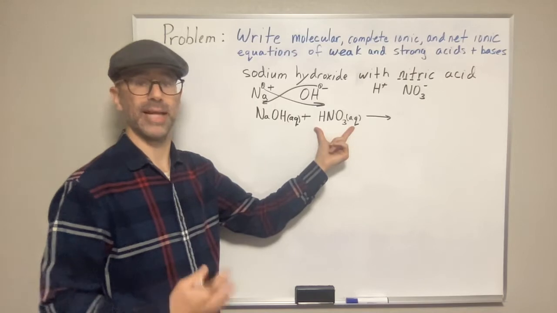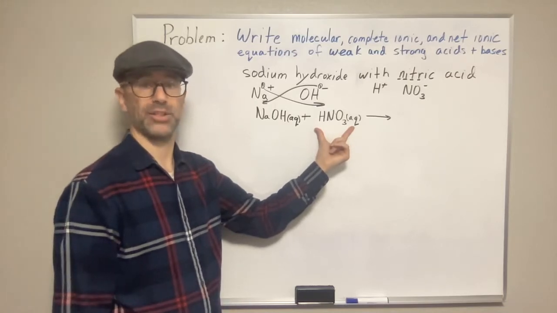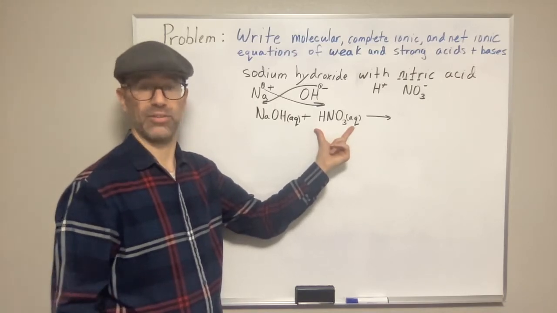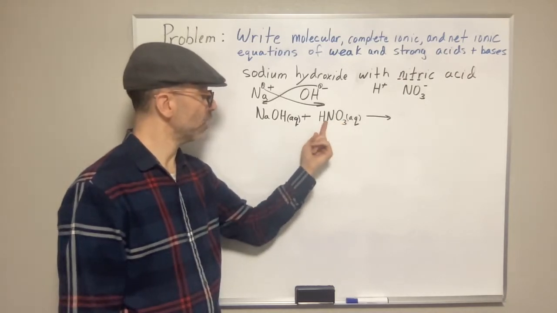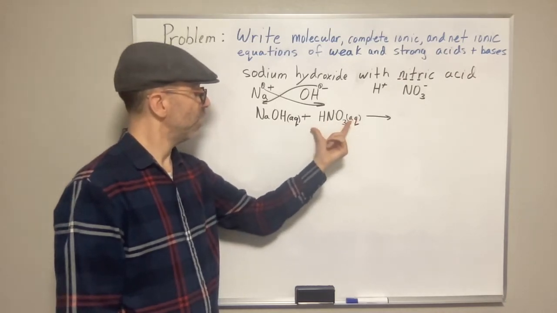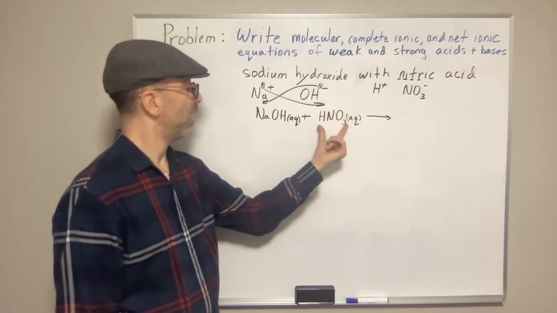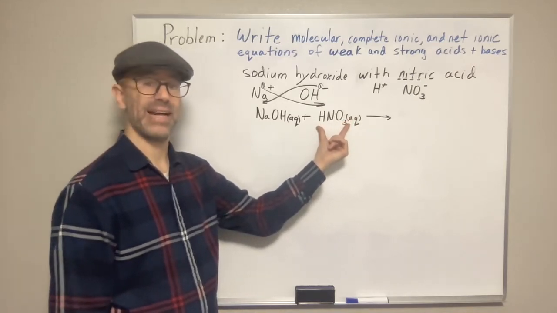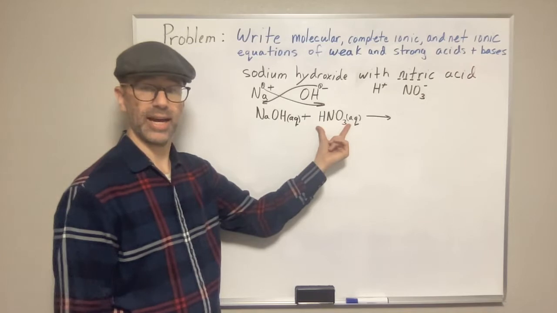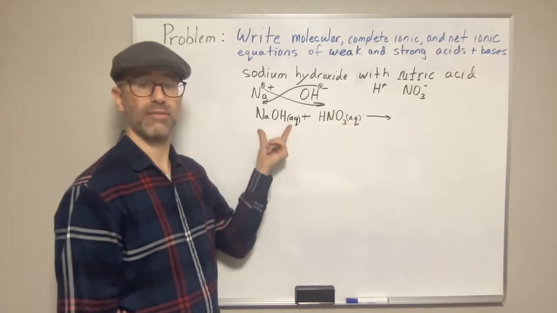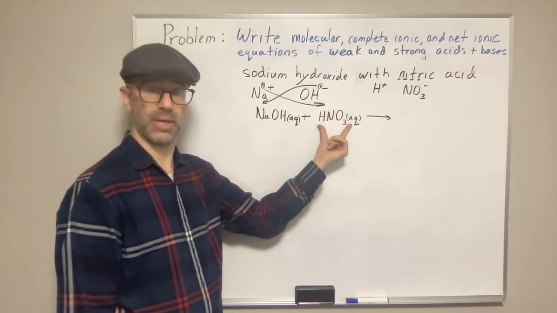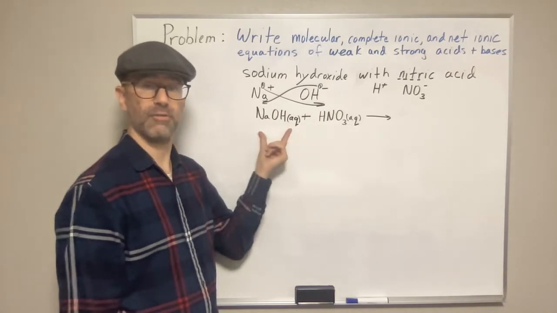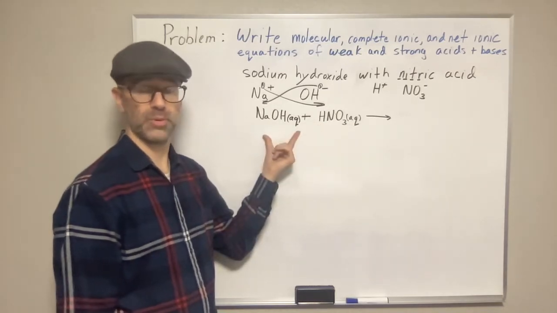It's a molecular compound that actually breaks up and ionizes when you put it in water. So this will break apart in water. So we can think of this as an ionic substance because it will ionize. And because we have this ionic substance and we have something that breaks up into ions, we could think of this as a double displacement reaction.